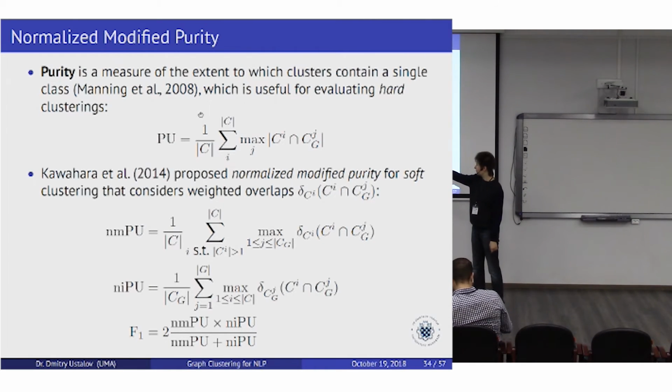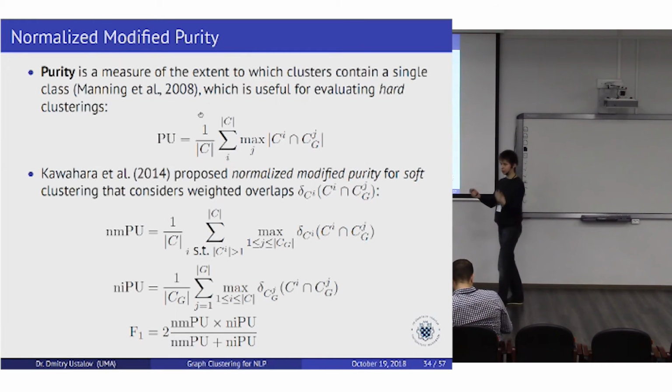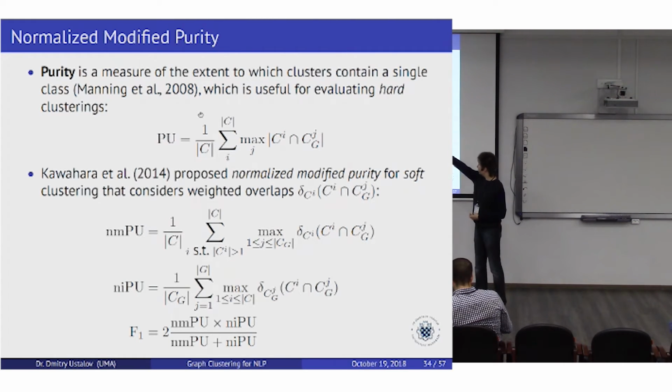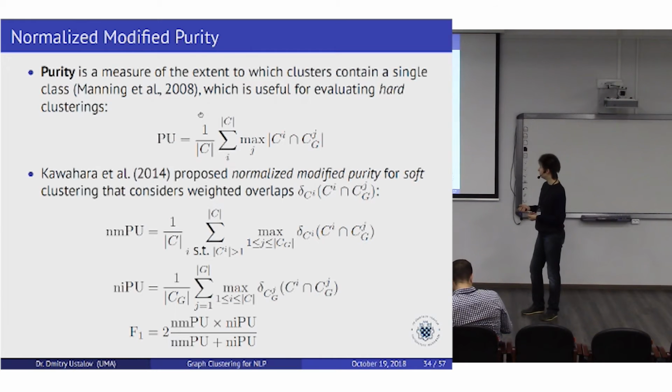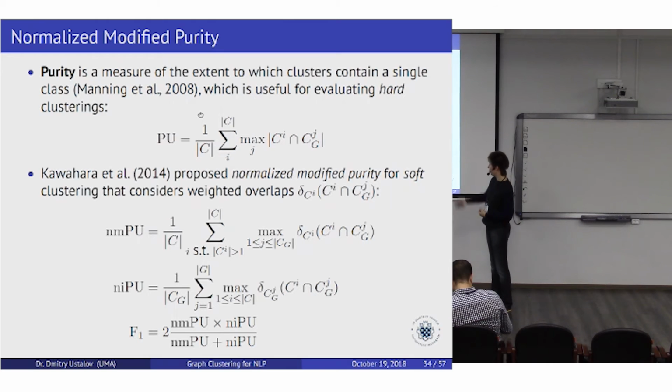The first is called normalized modified purity. It works as follows. You take every cluster of non-1 size. Everything that is size 1 is treated as incorrectly recognized. That's their idea, because it's a challenging problem. Very simple and maybe naive solution, but nevertheless. And then, instead of just comparing the intersections, they use weighted intersections, because you can have objects which appear in multiple clusters, and for that they introduced a very simple weight computation function delta, and that's it.